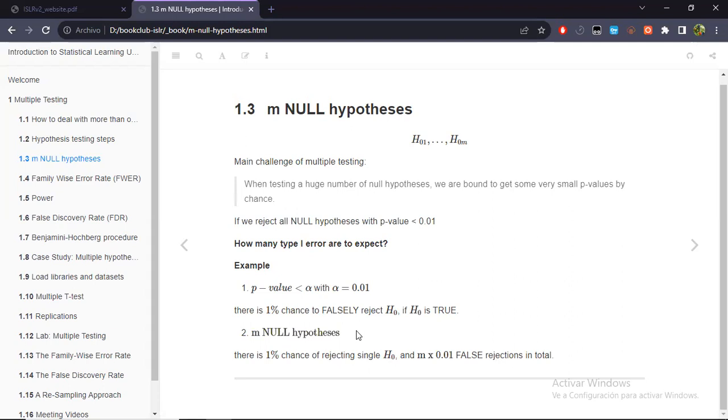So that's actually quite a lot if m happens to be big enough. So we have encountered this problem that if you perform a lot of hypothesis tests, then you expect to get some type 1 errors. So the first goal that we're going to cover now is, how can we limit the number of type 1 errors that we get when we are performing multiple testing?